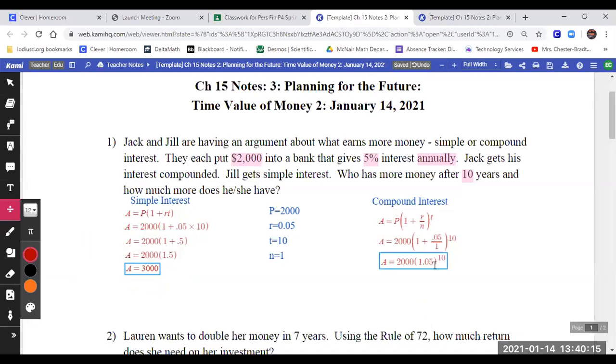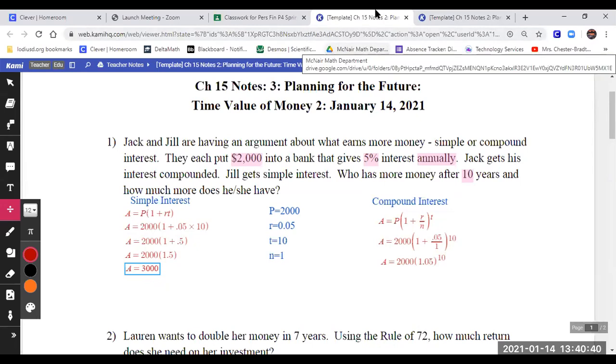All right, so what piece of this formula do I have to do first? According to our rules of operation, PEMDAS, which piece of this am I going to do first on my calculator? The exponents.